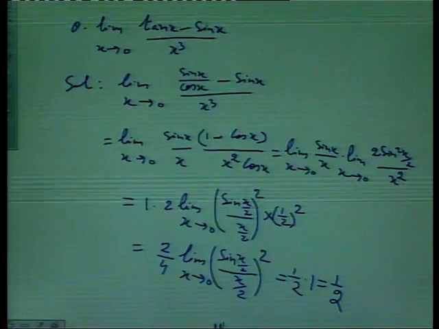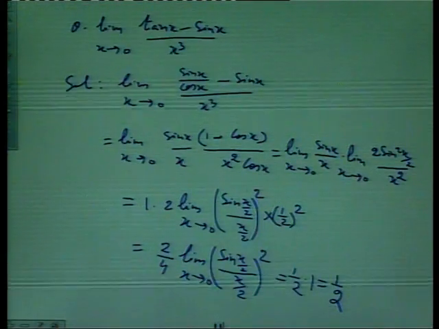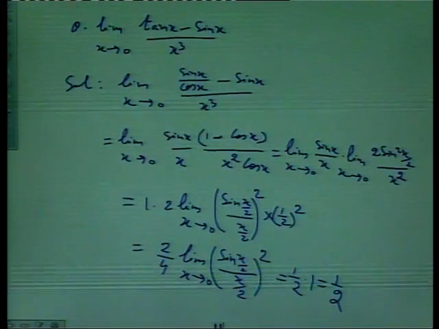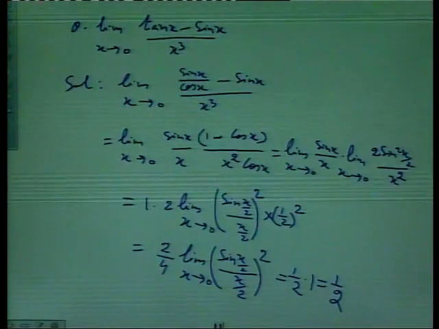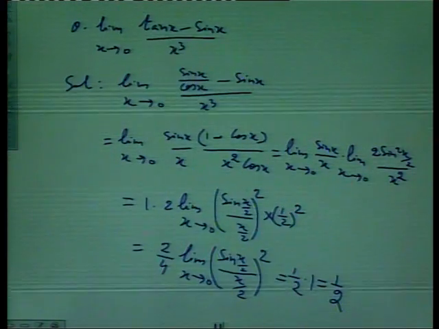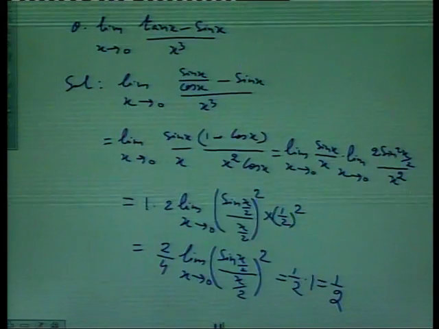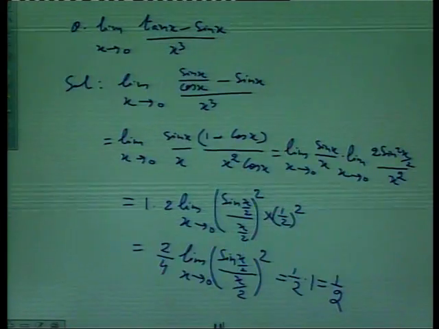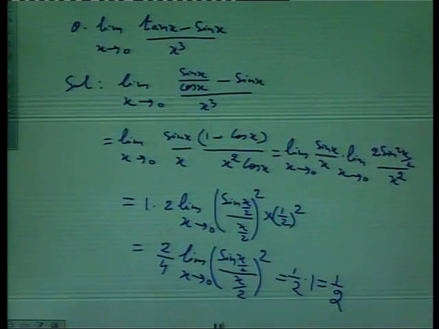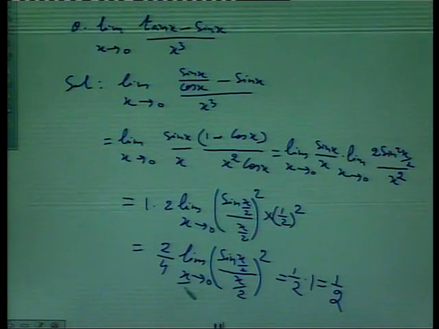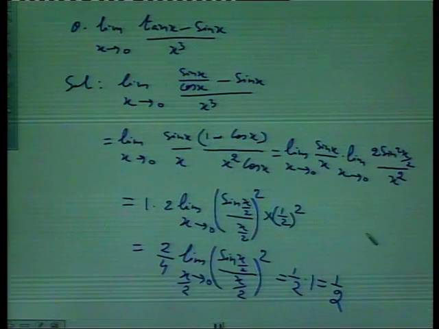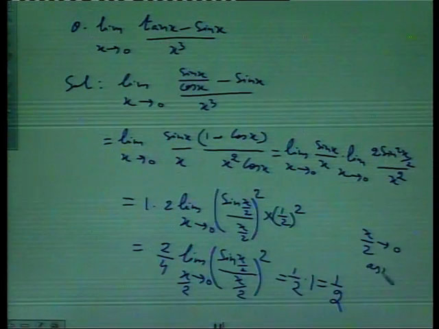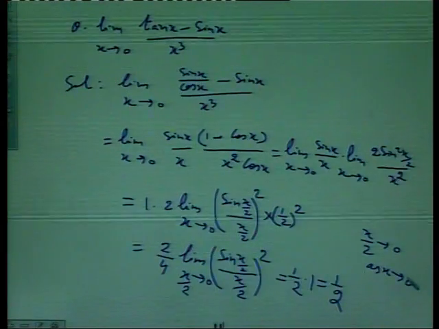So we are left with 2 sin square x upon 2 whole upon x square, and then again we got the standard limit sin x upon 2 upon x upon 2, because when x approaches 0, x upon 2 will also approach 0.